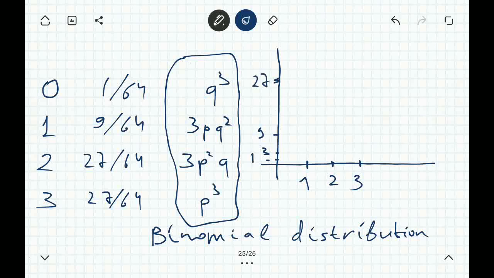Okay, so scale is more or less okay now. And for 0 we have 1 over 64. For 1 we have 9 over 64. I'm making a bar graph here because the dots might be harder to see. And for 2 and 3 we have 27 over 64. So like this.